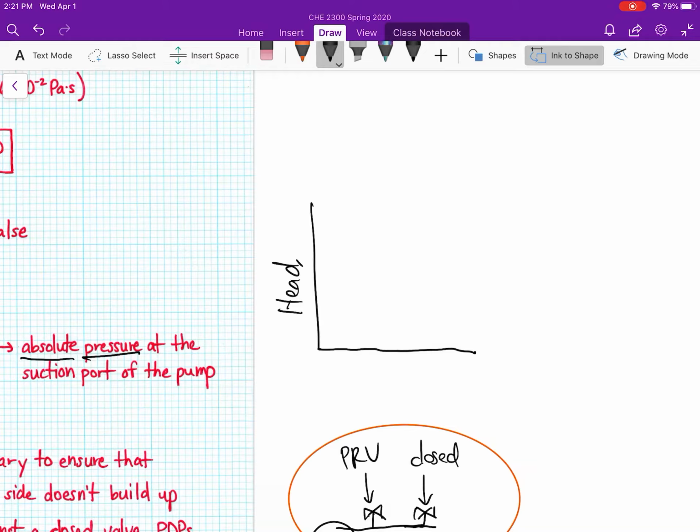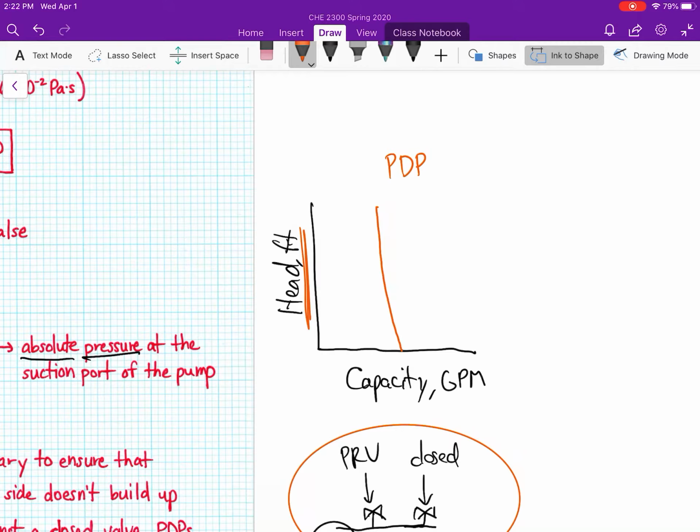You can also think about that graphically. If I plot head versus capacity, what I find for a positive displacement pump is that the capacity itself is relatively independent of the head or the downstream pressure of the pump, or the downstream pressure against which the pump is pumping.